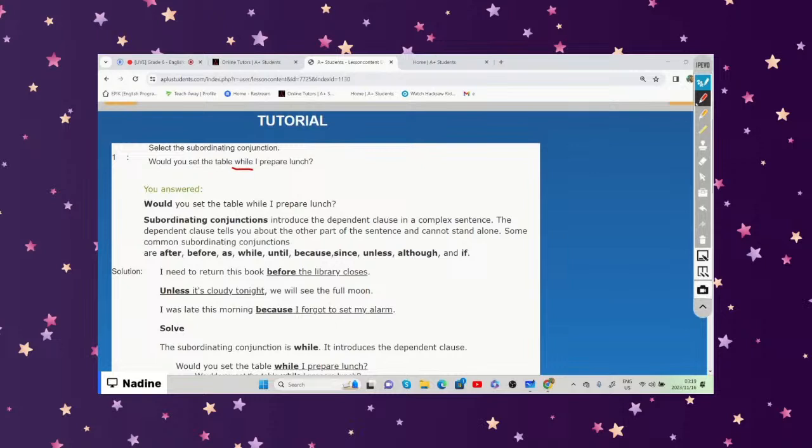So basically, it is would you set the table, while, which is our subordinating conjunction, but then while I prepare lunch, that is our dependent clause, right?